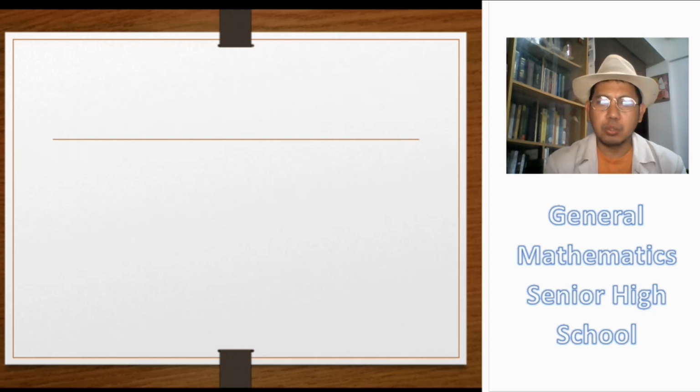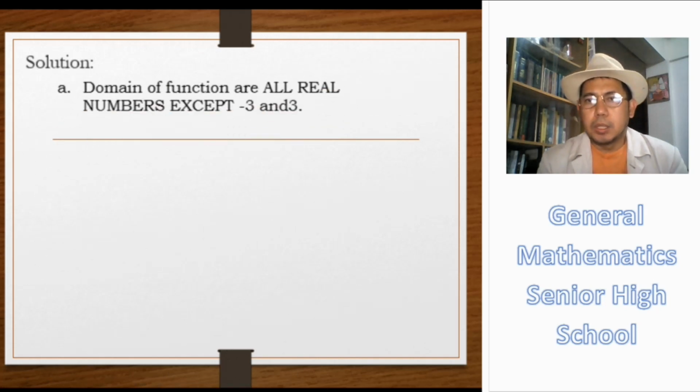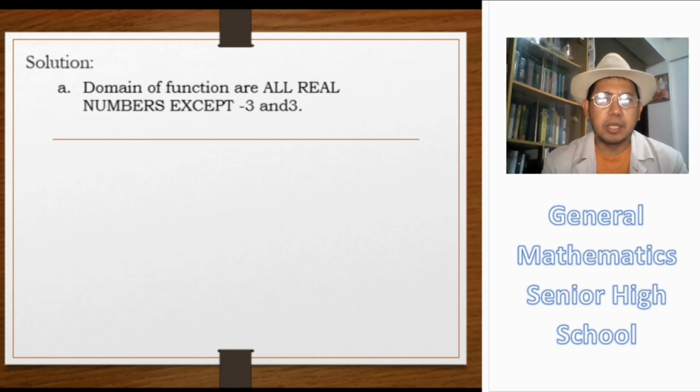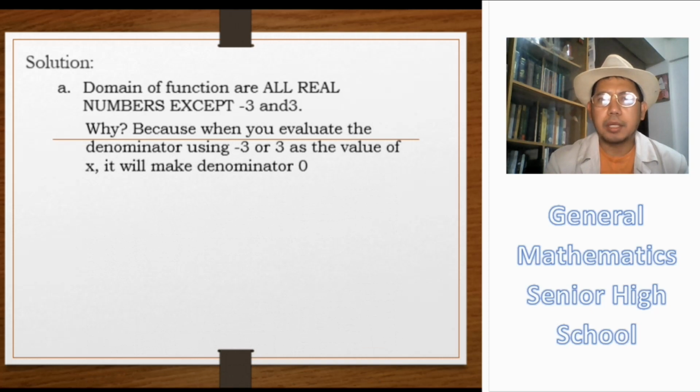Here is the solution of the rational function that we have. The domain of the rational function are all real numbers except -3 and +3. The question is why?